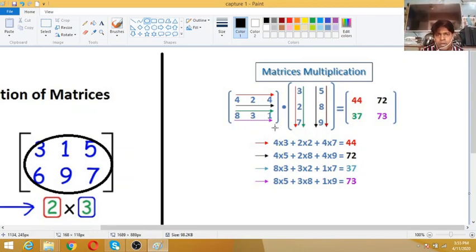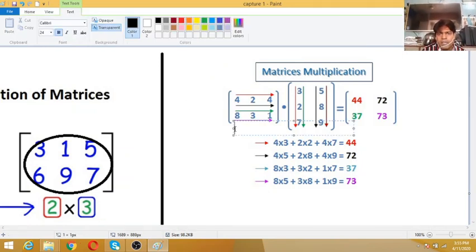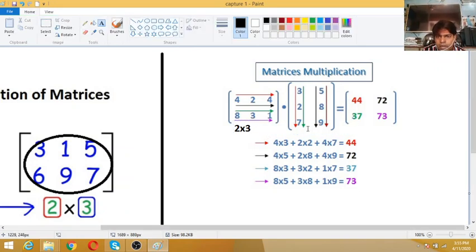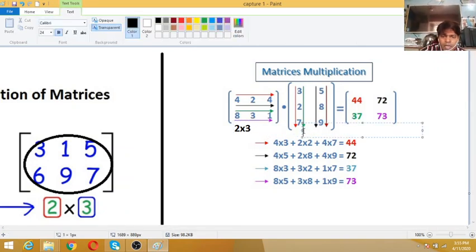First of all, can you tell me the order of the first matrix? How many rows are there? There are 2 rows, and how many columns in the first case? There are 3 columns, right? Fine. What about the second one? Here there are 3 rows and 2 columns.